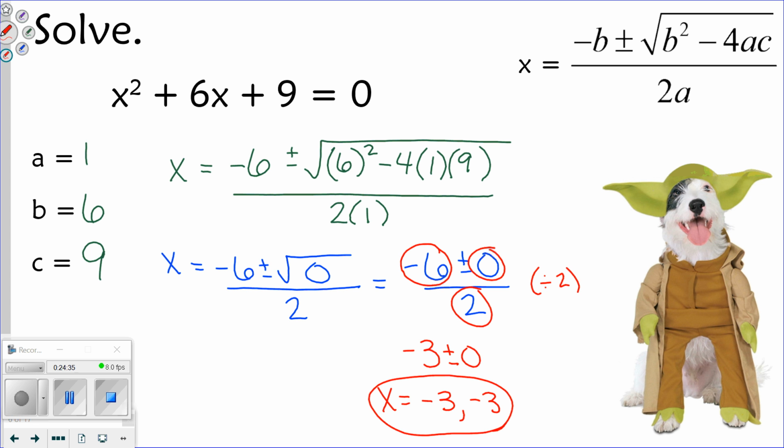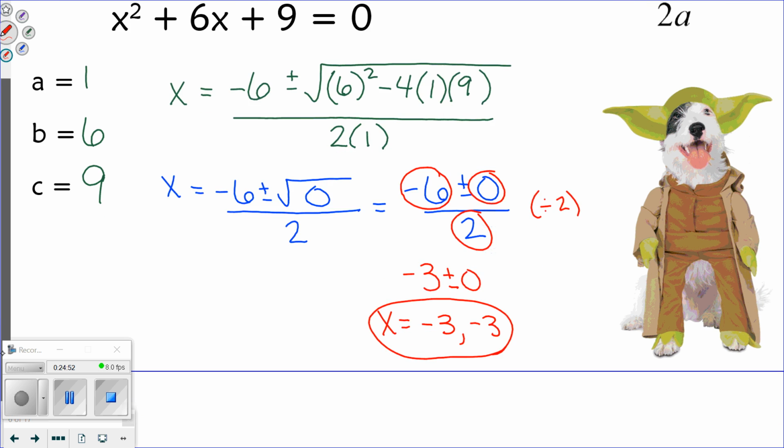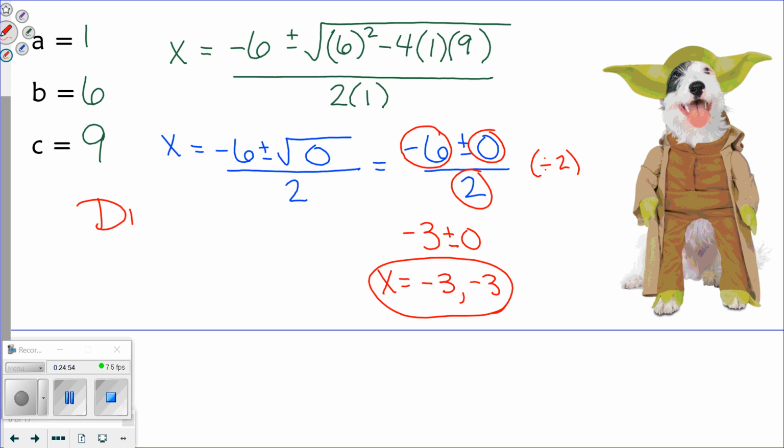Yeah, it's happened before. So there's a case where when you took your radical, actually you could take the square root. It was 0. It was kind of weird in this case. But then we were able to keep going and we got 2 nice actual answers. All right, I want to talk about something with you guys then. Is that word discriminant.